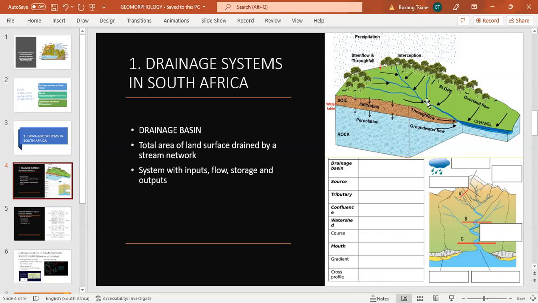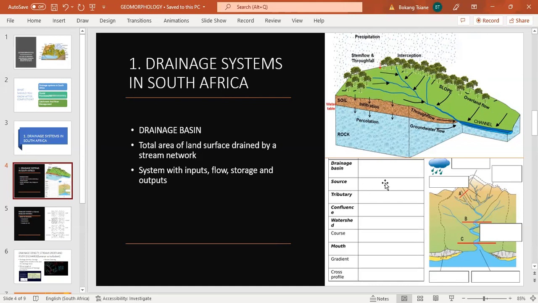So in simple words, the process starts at the mountains where a river starts. The river originates in the mountains, and then it runs through different areas until it reaches the sea. So this picture aims to tell us which processes occur during the drainage system and the drainage basin process.